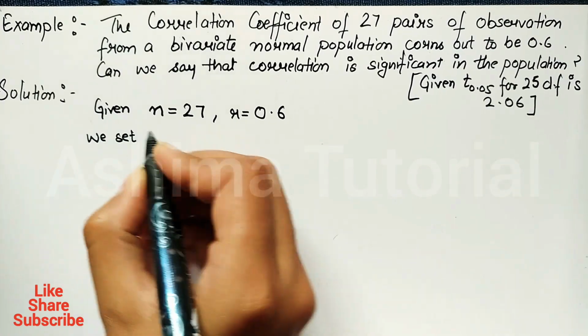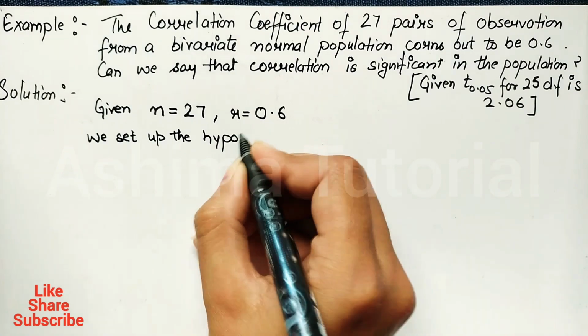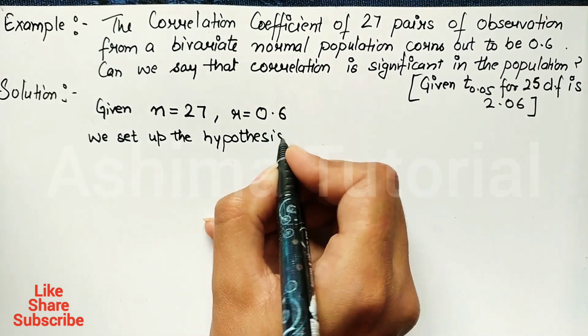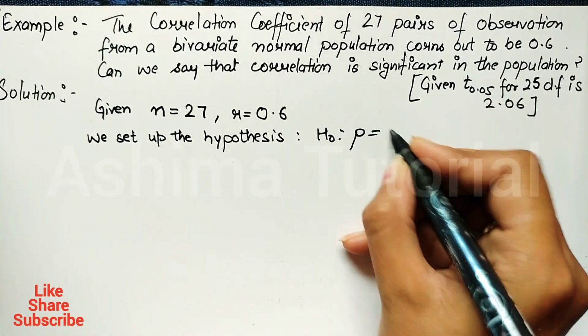Now we set up the hypothesis. H naught: rho is equal to 0.